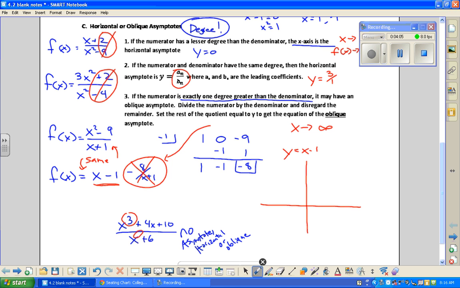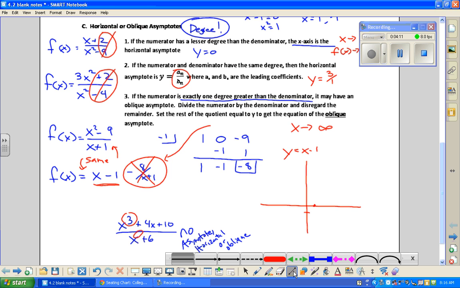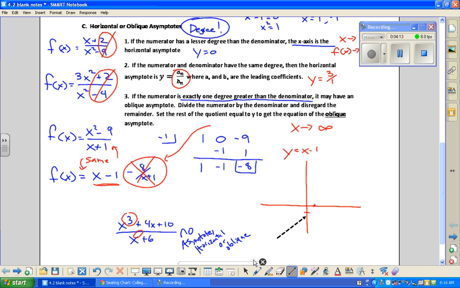right, that's slope and intercept form, right? -1 is the intercept, goes up 1 over 1. That line is what we would call an oblique or a slant asymptote.